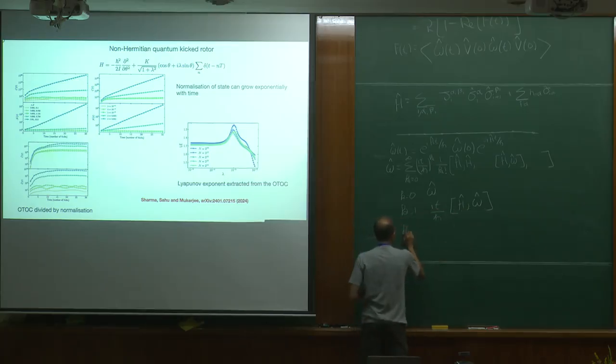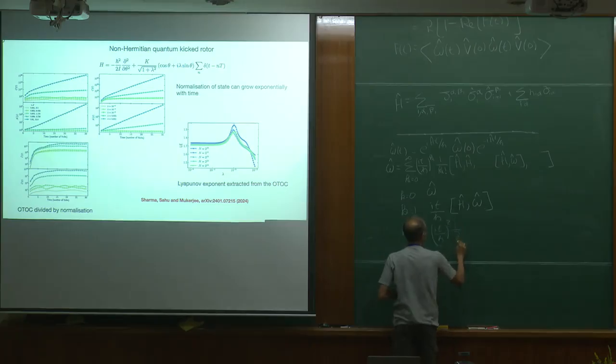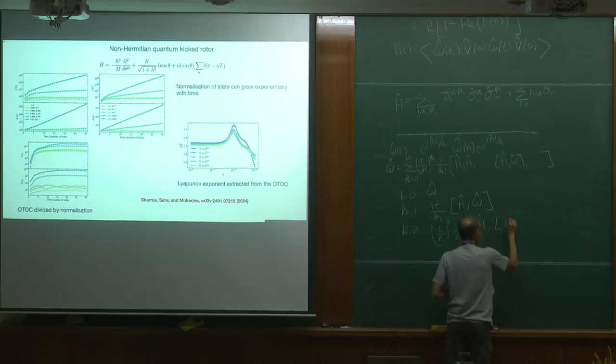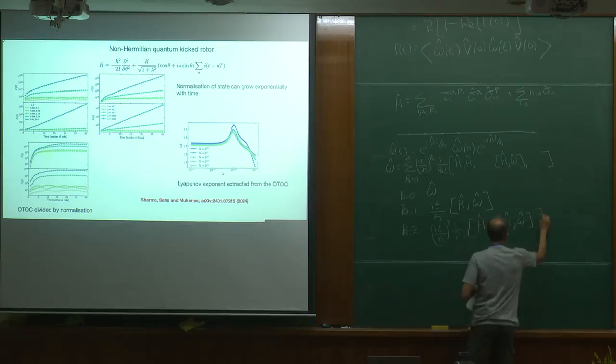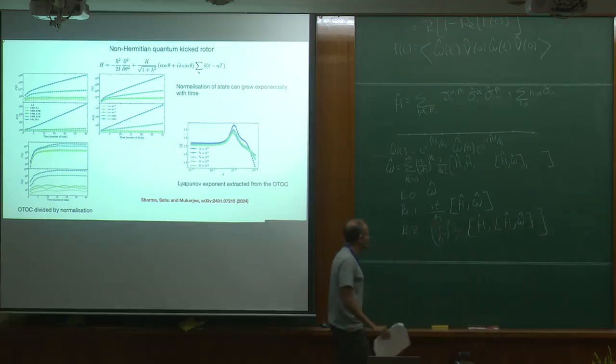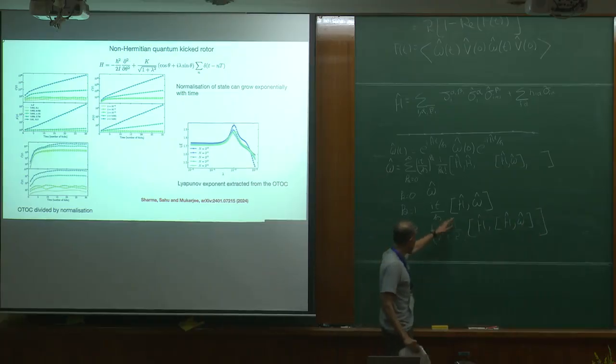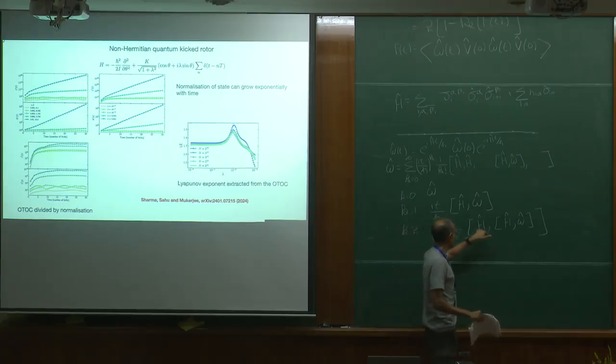And if you look at the k equal to 2 term, that's going to be iT by H bar whole squared times 1 by 2 times the commutator of the Hamiltonian with the commutator of the Hamiltonian and W. And similarly, the k equal to 3 term, aside from the prefactor, which will now go as t cubed, you're going to have the commutator of H hat with the commutator of H hat with the commutator of H hat comma W hat.